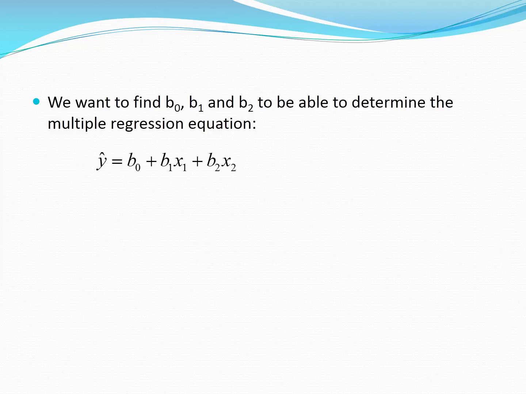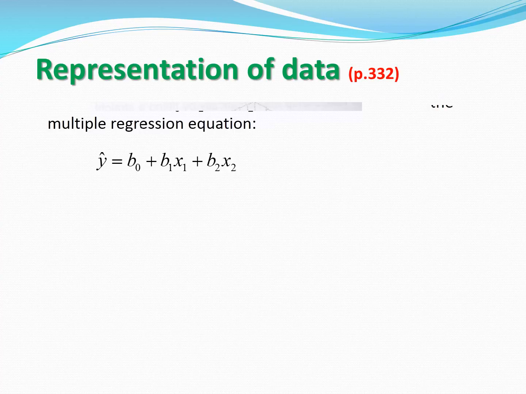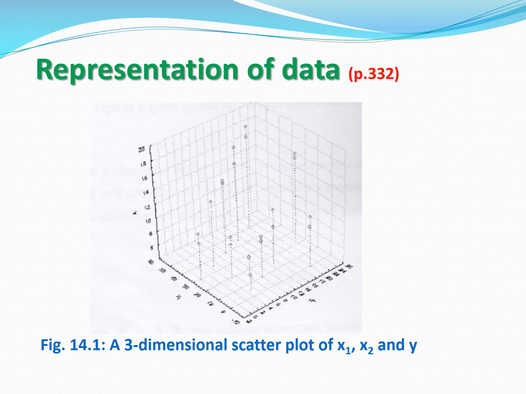Since we have two independent variables, we can write our multiple regression equation then in this form. Since we have two independent variables, our graphical representation of the data will be a three-dimensional scatter plot. And don't worry, you don't have to be able to draw this in a test or exam. And since we are working with a multiple regression equation, we will fit a flat plane instead of a straight line through the data points.